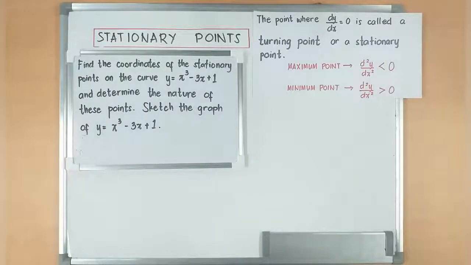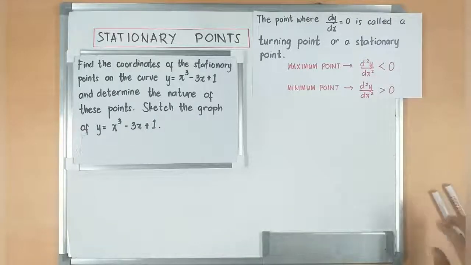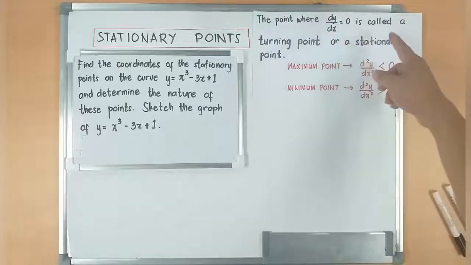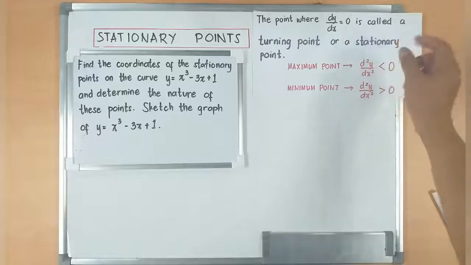Okay, example: find the coordinates of the stationary points on the curve y is equal to x cubed minus 3x plus 1. How do we look for that? Remember, it says dy over dx is equal to 0 is the turning point.